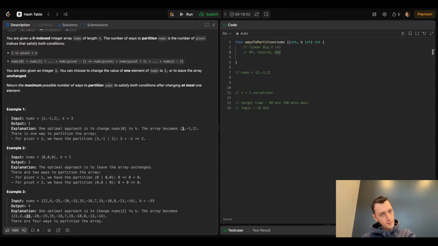Then we try replacing with K. Replacing with K is essentially new, so it will give us new sums, and we'll have to compute it again.